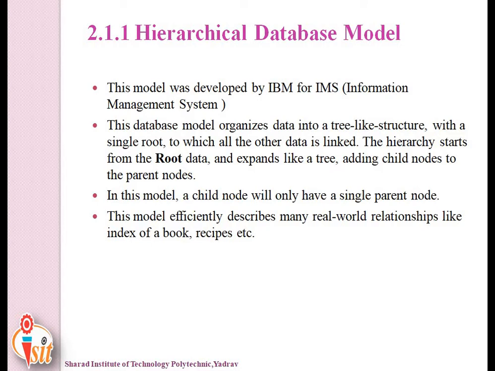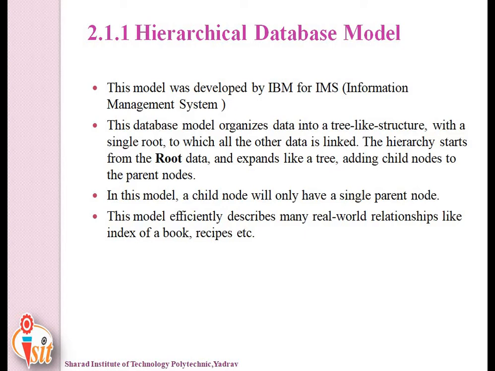This database model organizes data into a tree-like structure with a single root to which all other data is linked. The hierarchy starts from the root data and expands like a tree, adding child nodes to the parent nodes. In this model, a child node will only have a single parent node.